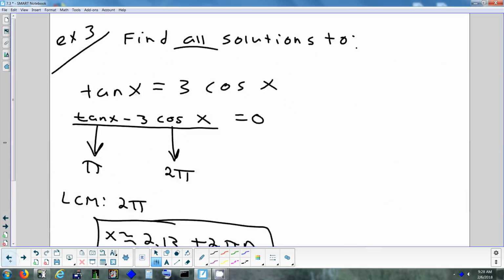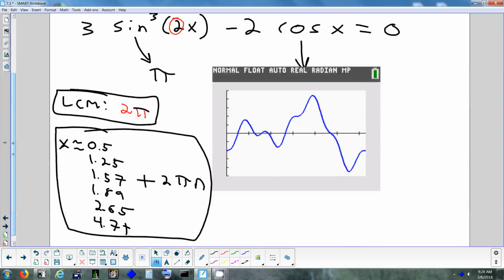So if I said to you, where is this graph less than 0? Not equal to 0, but less than 0. Well, I would say between 0 and 0.5. Then between 1.25 and 1.57. Between 1.89 and 2.65.